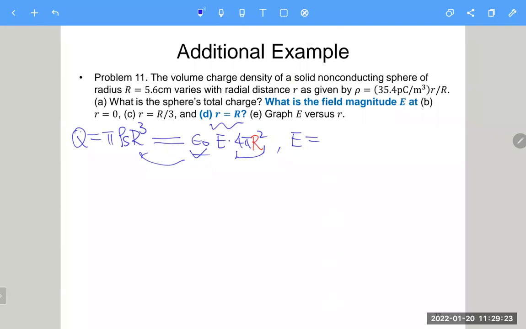Okay, so actually we can partly cancel this R squared. We have pi rho s and then R over 4, no pi, pi can be cancelled. So we have 4 epsilon naught like this.